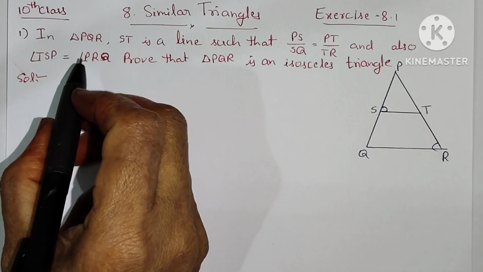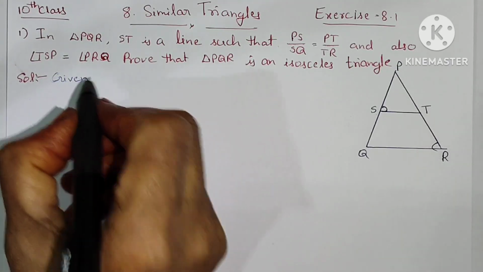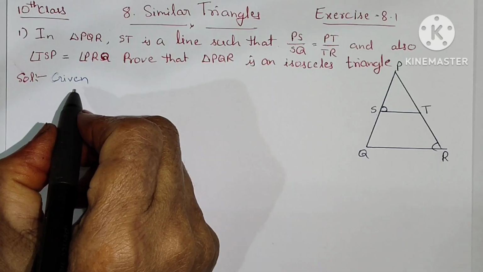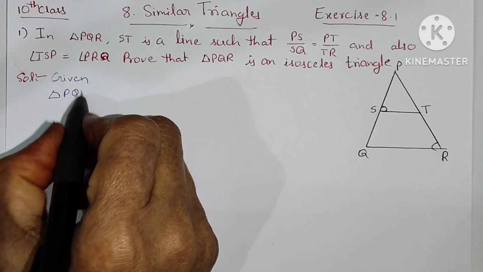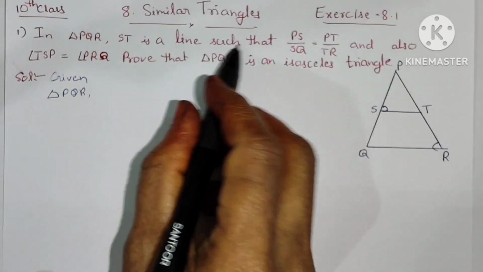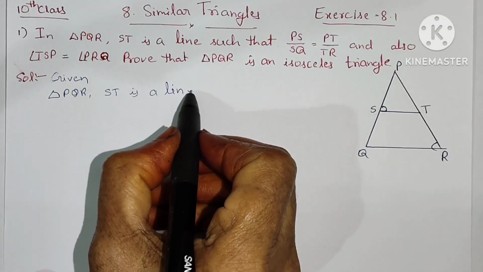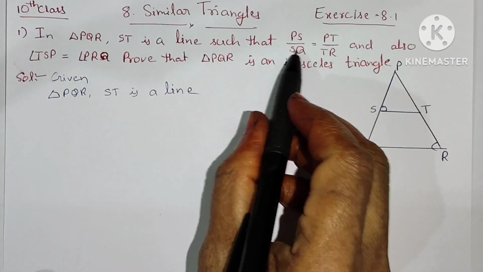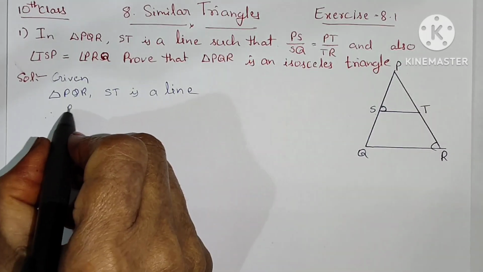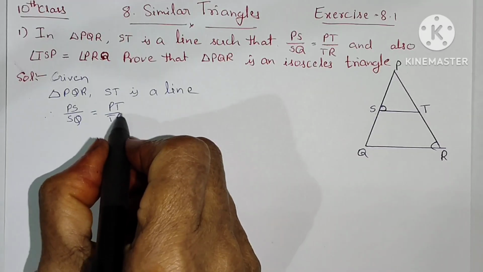First we write the given data. Given triangle PQR, ST is a line such that PS by SQ equals PT by TR.